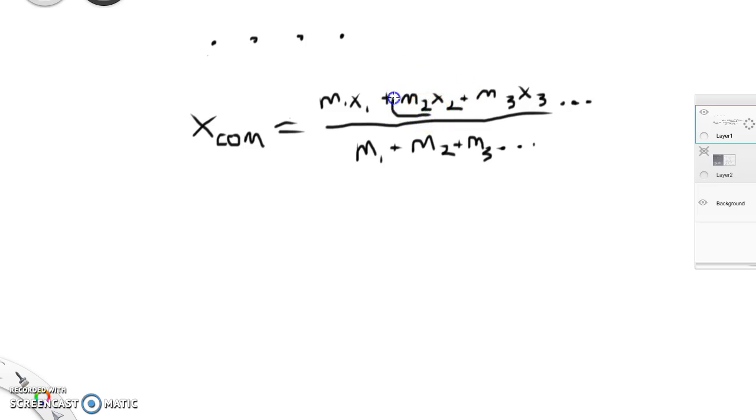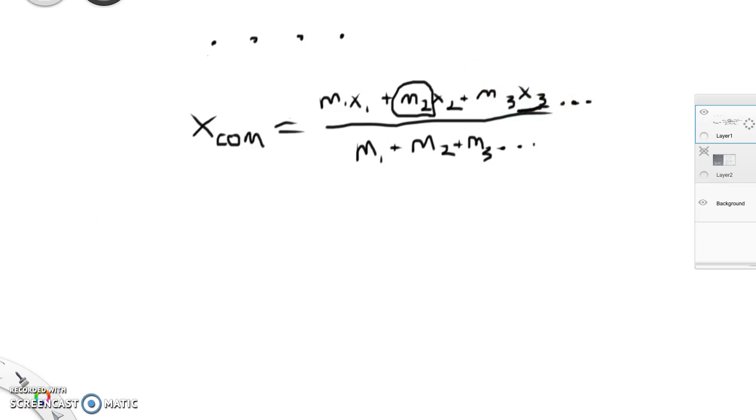It would have more weight in the equation, or more effect on the equation, because this value would be bigger than the rest, and so it would adjust the average based on its location. Just like, say, this one was located farther away from everything else, it's going to pull the center of mass that way because this part will be bigger.